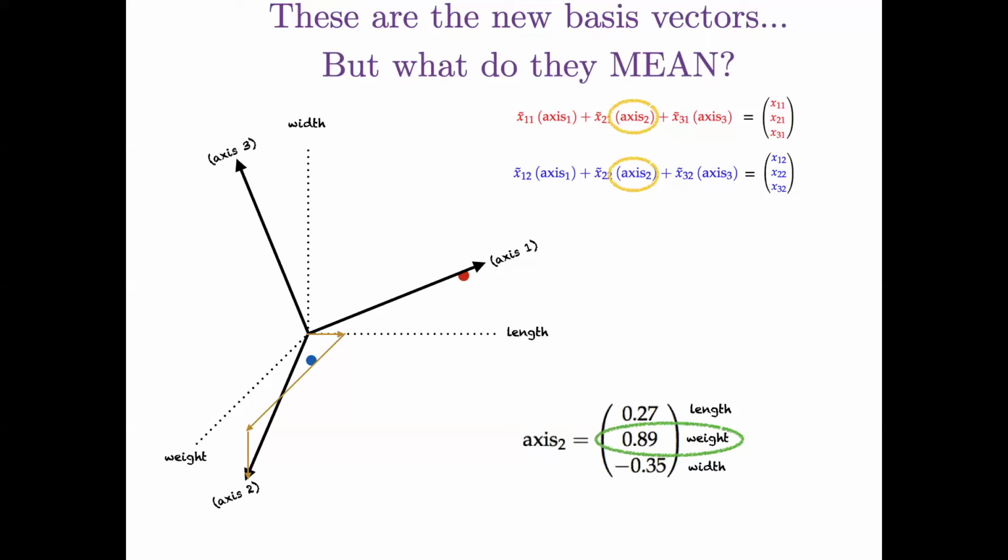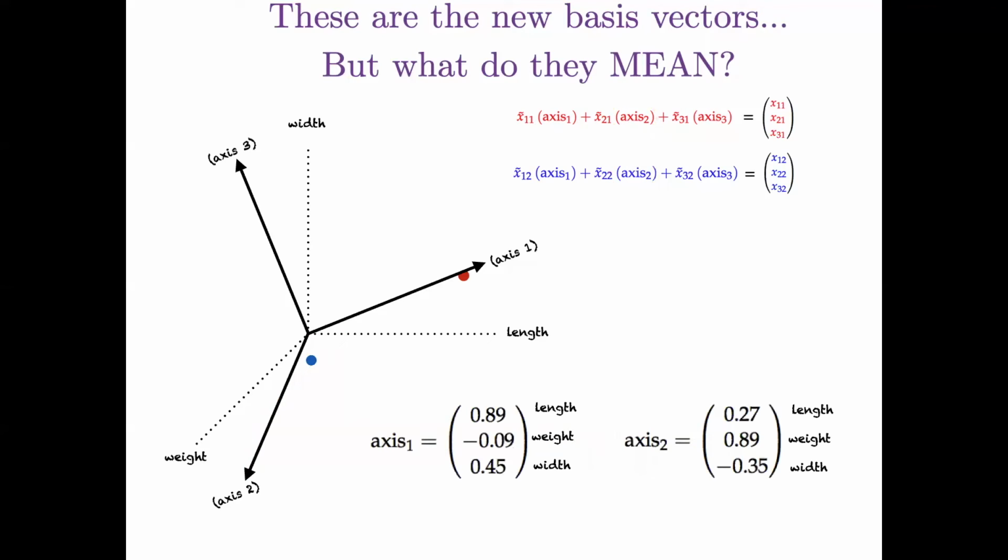Again, these concepts will become much clearer as we talk more and more about this. I just want to try to give you an example of everything right now. So I have axis 1 and axis 2, and let's just say I'm going to ignore axis 3 for now. I just don't feel like dealing with it.